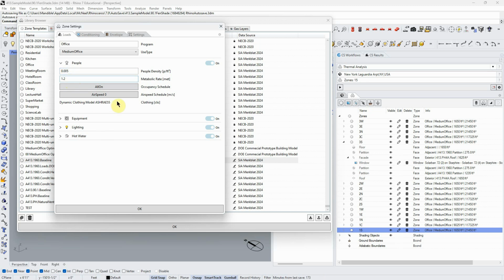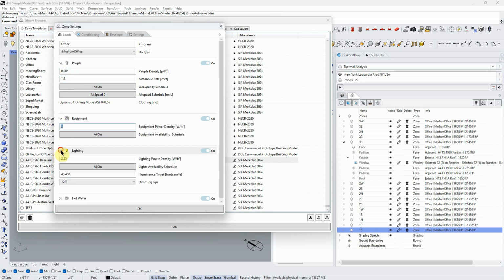The metabolic rate I just left the same as in other. Actually, I think I looked that up, and that's the standard too. But this equipment rate's very high. That's based on some kind of research, and this 2.25 is also very high for the lighting power density. This is assuming a lot of incandescent lights. It's interesting too if you read about luminance targets.